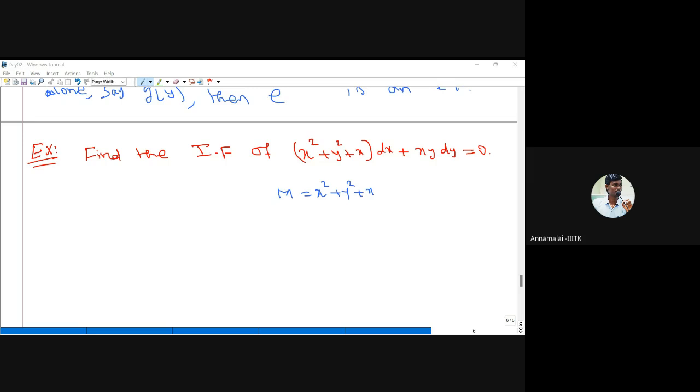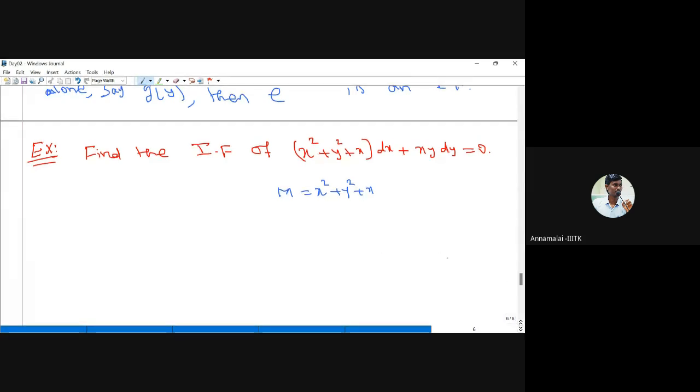Okay. So now M is x square plus y square plus x, and N is xy. So if you find ∂M/∂y, not x, keep in mind ∂y.